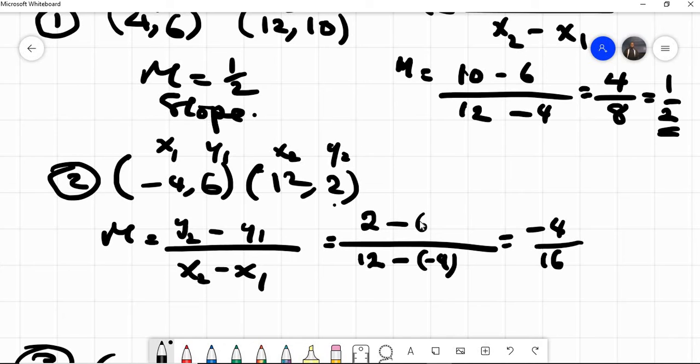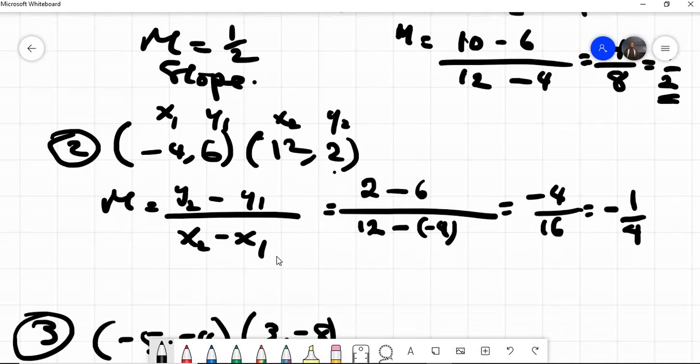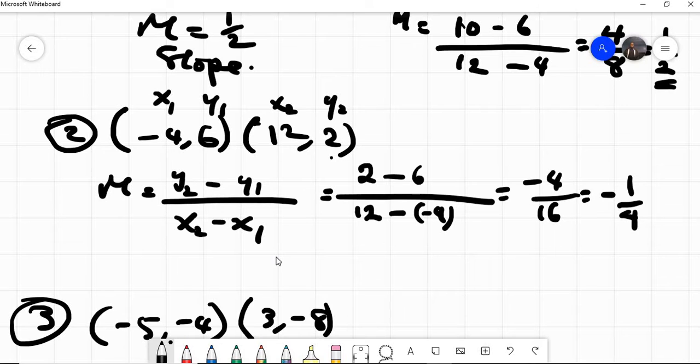We divide by 4, and we're going to get negative 1 over 4. So in this case, our slope m is equal to negative 1/4, which is correct.